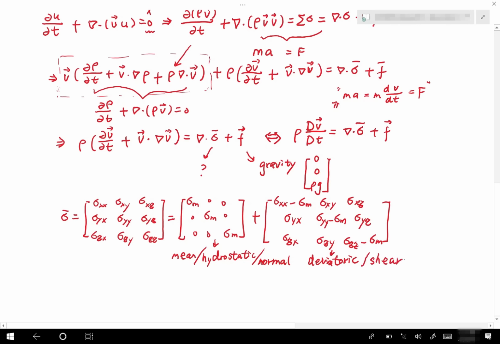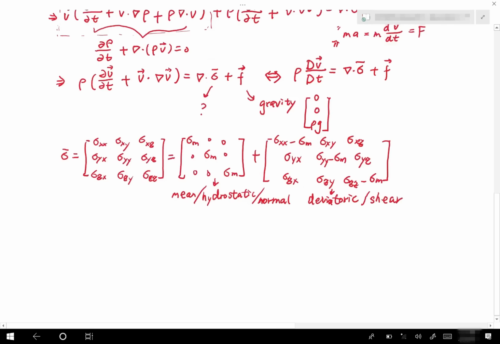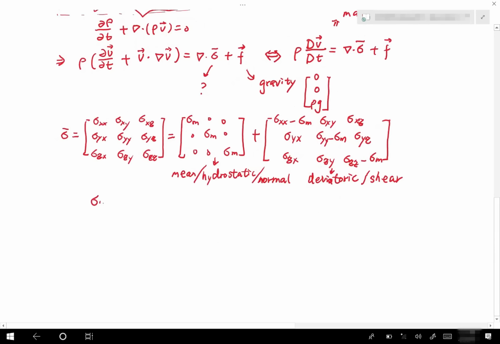So we divided it into two. And sigma m is just the mean of the three normal stresses. So it's the mean of sigma x plus sigma y plus sigma z.